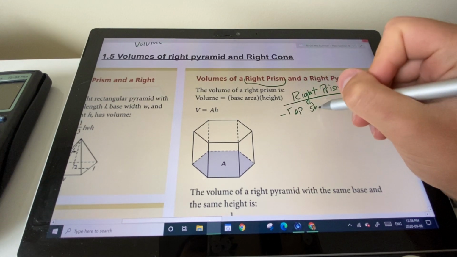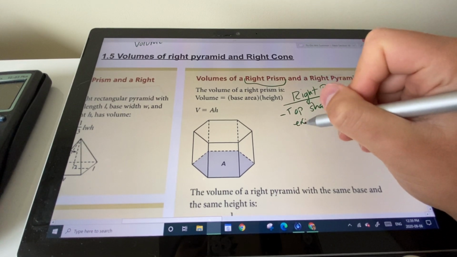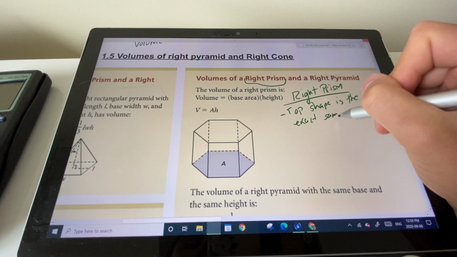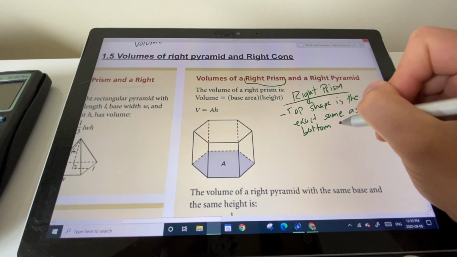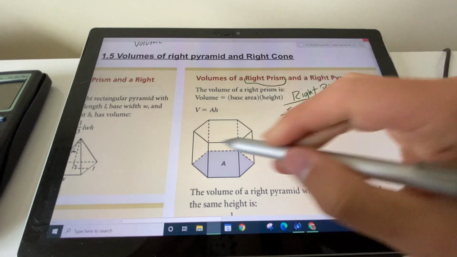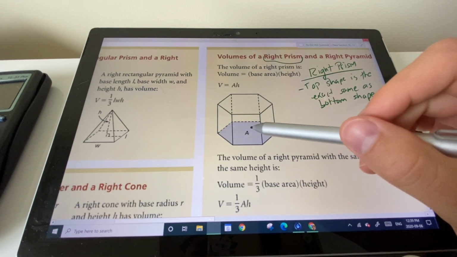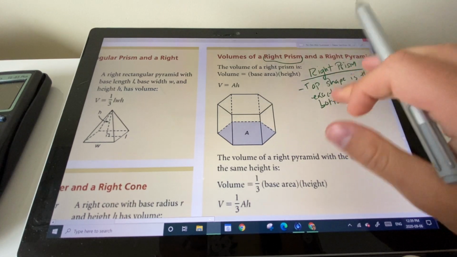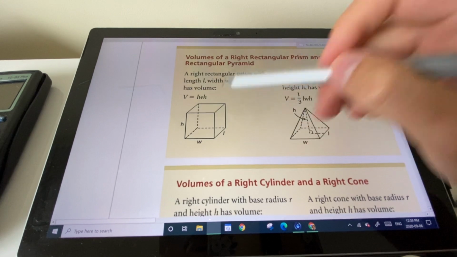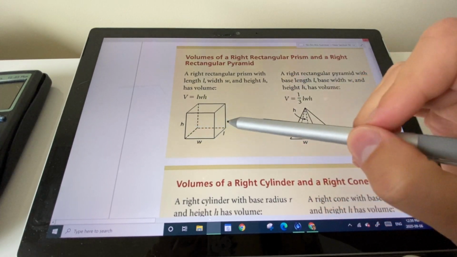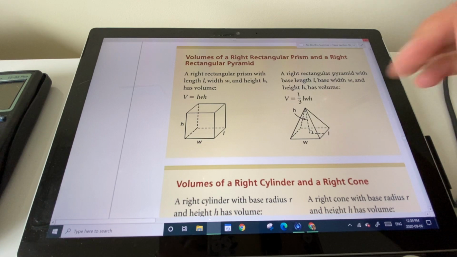This one is a right prism because the bottom is a hexagon and the top is a hexagon. Technically, this cube would be a right prism too. The bottom shape is a square and the top shape is the exact same square.